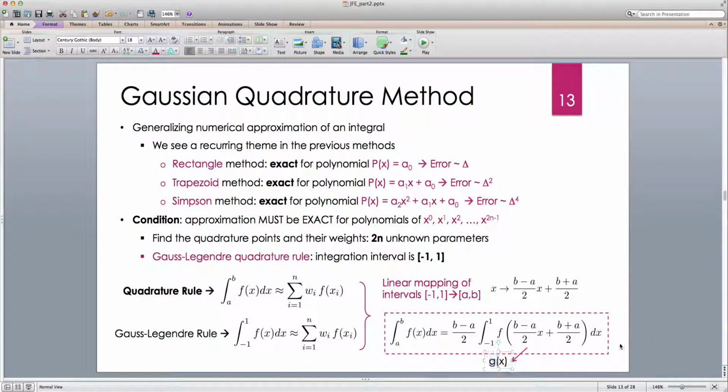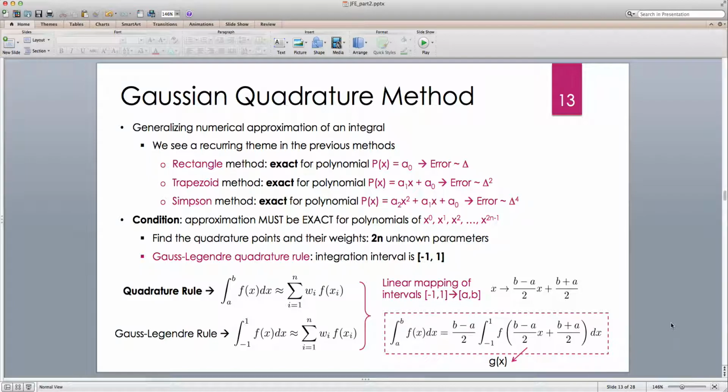All right, so what we are given is the function over a and b, so we want to map it to a function which is defined or equivalent to our function over -1 to 1. So we use this g of x. G of x is f of this mapping. Okay, now in this mapping, this x here is between -1 to 1, this x is between a and b.